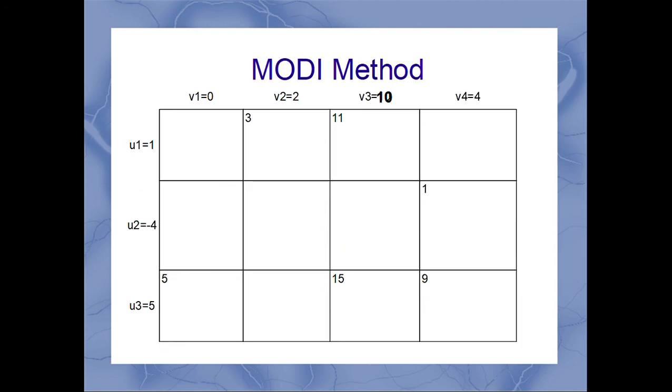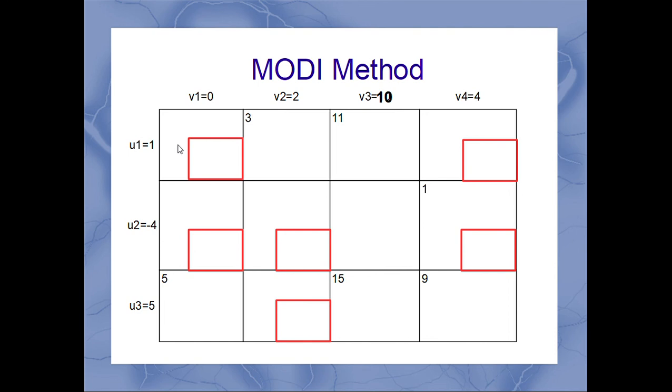Substituting all the variables here and finding the summations for empty cells, right? For empty cells we are finding the summation, and for this cell we have to add u1 and v1. So u1 and v1 we are adding, the summation is equal to 1, and here adding u1 and v4, the summation is 5.